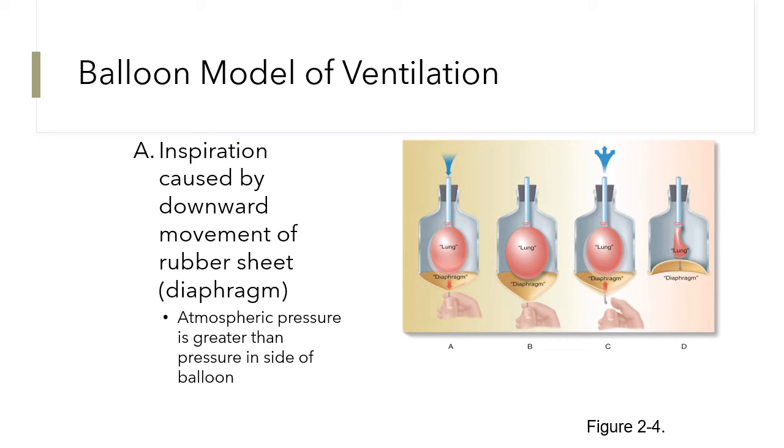This mechanism causes a pressure gradient or pressure difference between the inside of the balloon and the atmosphere. Because atmospheric pressure is higher than the pressure inside the balloon, that is, a pressure gradient, gas from the atmosphere moves down the tube into the balloon.